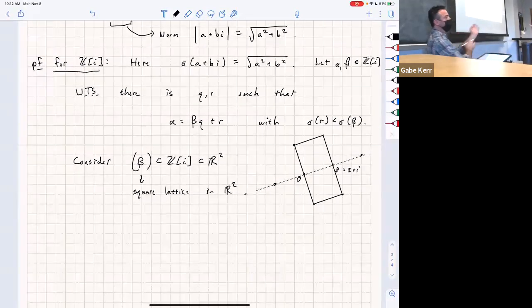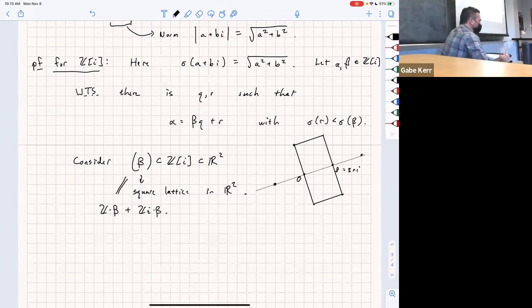Generated by beta and i times beta. This is equal, as an abelian group, to Z times beta plus Z times i beta. Now there's this theorem we had about square lattices when we were considering isometries of the plane. It said that if we have a discrete subgroup of the plane, like this square lattice, and any other element in the plane, we could translate it by some element in that discrete lattice and get inside of this kind of region here.